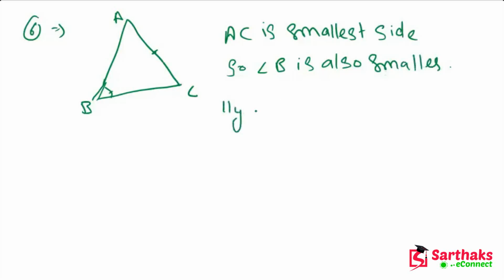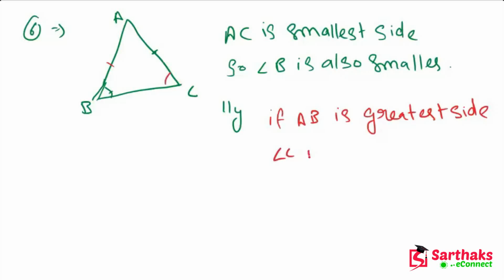Similarly, if AB is the greatest side, then the angle opposite to AB, meaning angle C, is also the greatest angle.